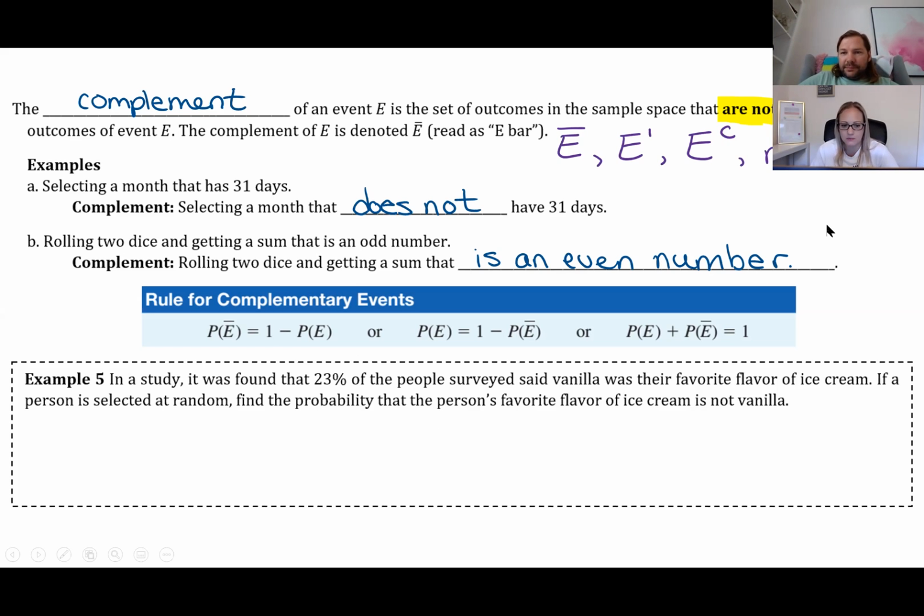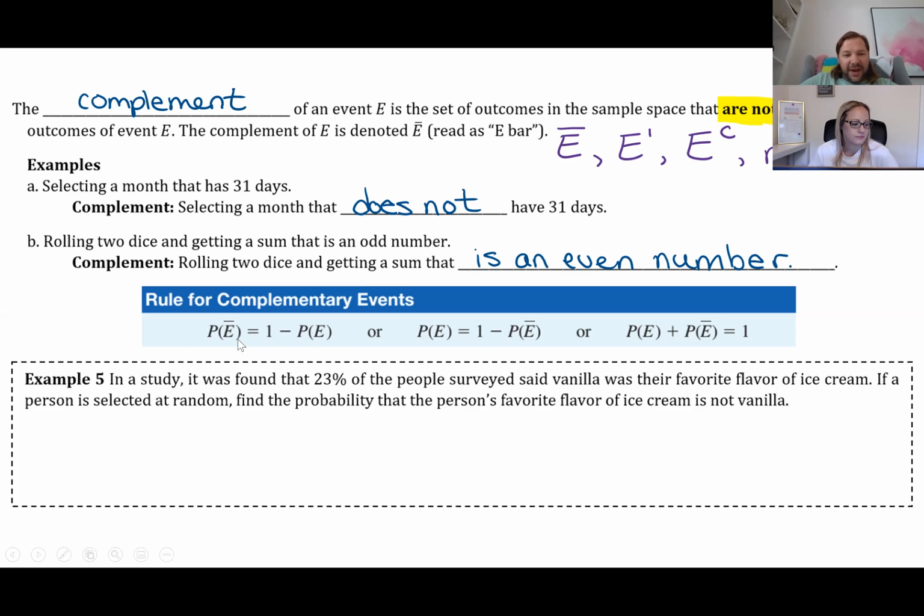But a lot of times with probability, you do want to put it in terms that are going to help you out the most. So instead of saying not an odd number, it might be better to say that it's an even number. Okay. So there's a rule for calculating complements, and it's written in 3 different equivalent ways.